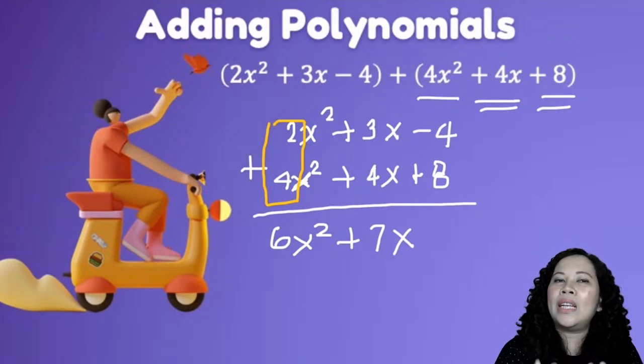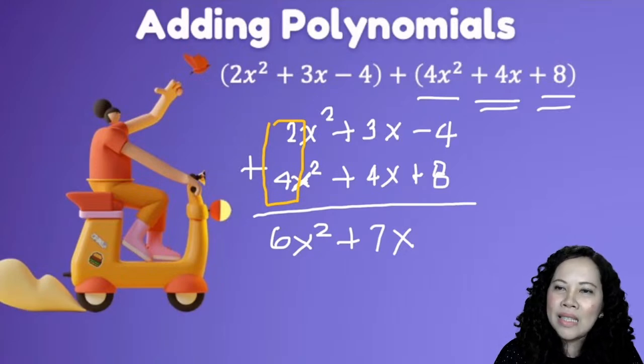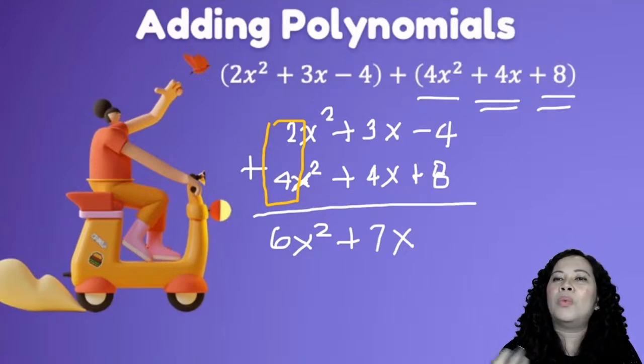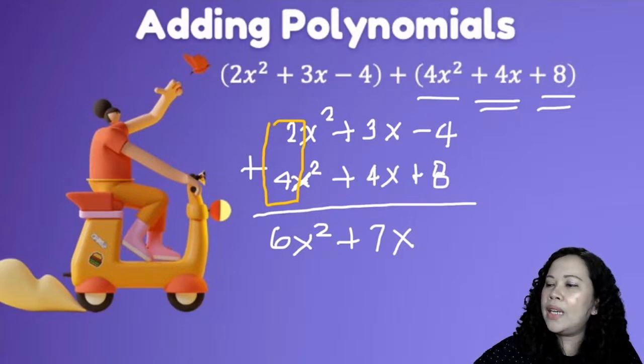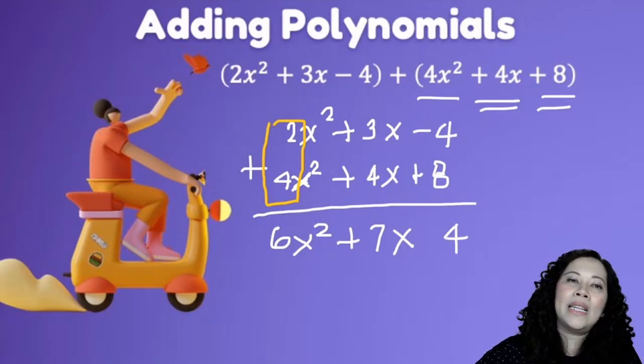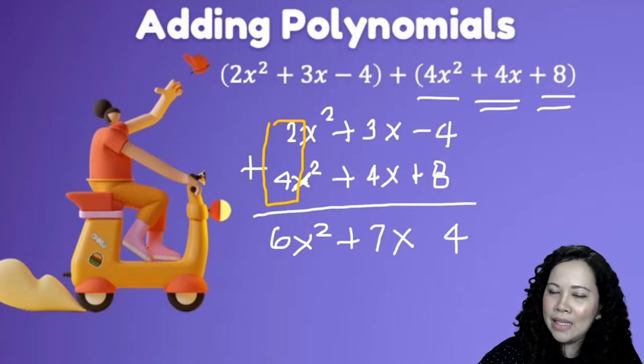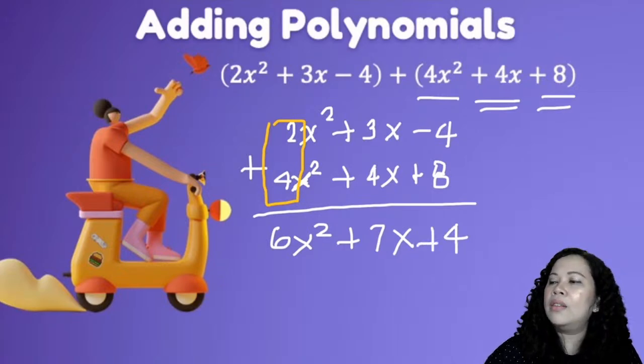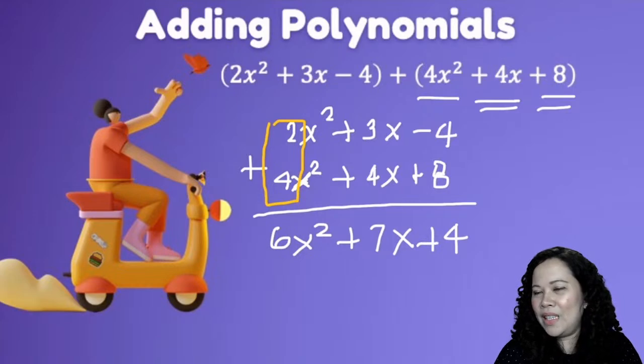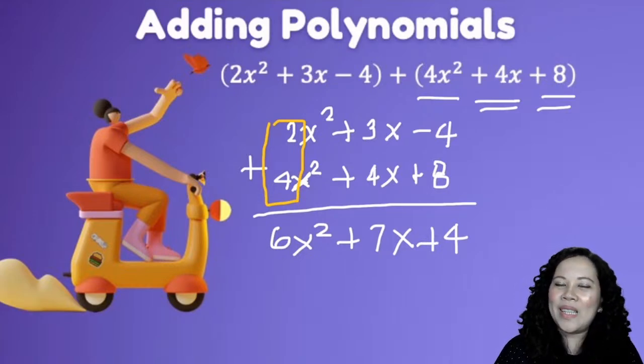Okay, so negative 4 plus 8, they are different signs, therefore we subtract. What is 8 minus 4 or 4 minus 8? We subtract, that is a 4. And since 8 has the highest value, therefore we copy the sign of your 8.